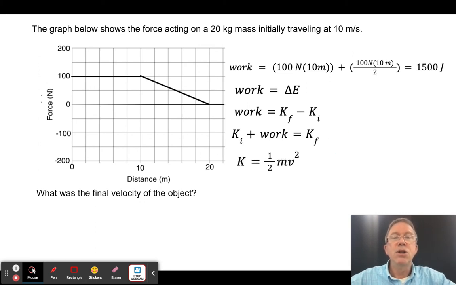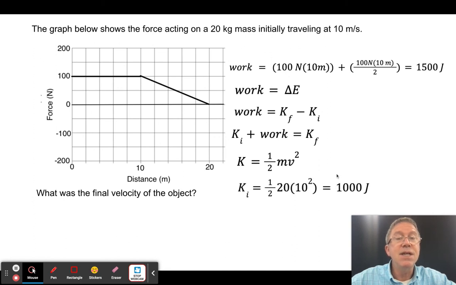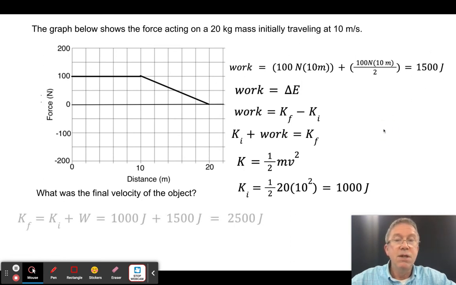Kinetic energy, recall, is equal to 1/2 mv squared. I know the m and the v here, so I can see my starting kinetic energy. In this case, 10 squared times half of 20 gives me 1,000 joules of kinetic energy that the object started with. And then I did an extra 1,500 joules worth of work to it. So now it ends up with 2,500 joules worth of kinetic energy.